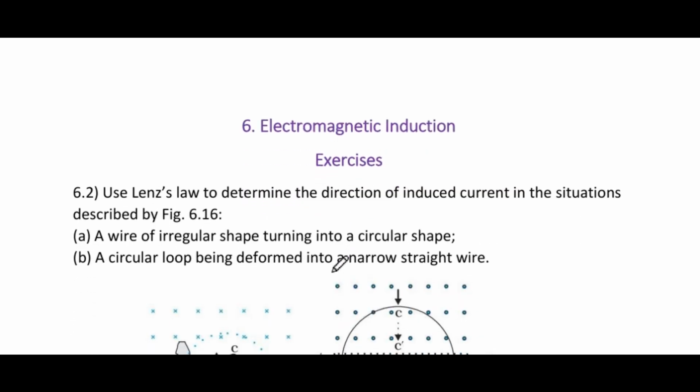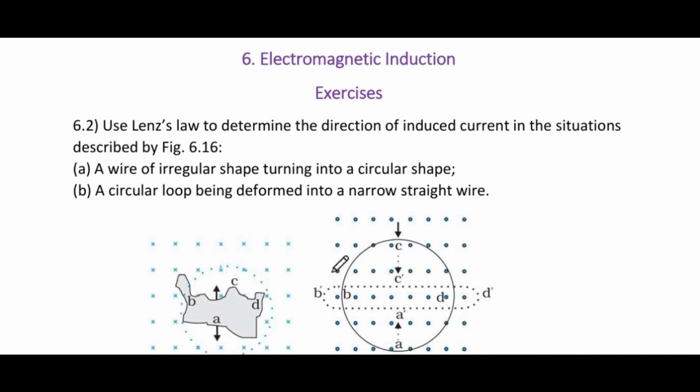Coming to 6.2. Use Lenz's law to determine the direction of induced current in the situations described by figure 6.16: a wire of irregular shape turning into circular shape, and a circular loop being deformed into a narrow straight wire.